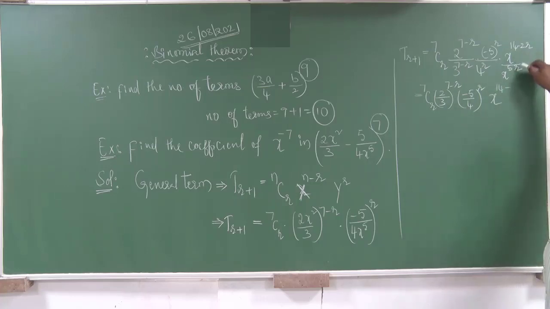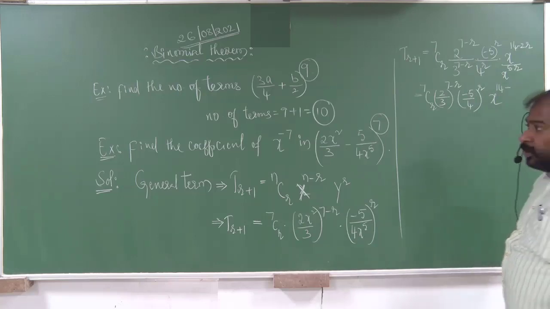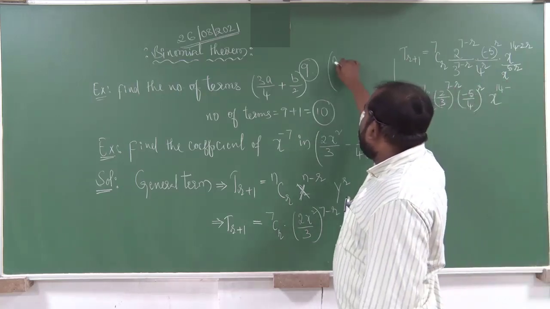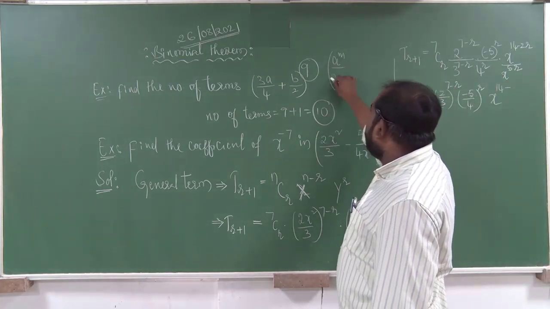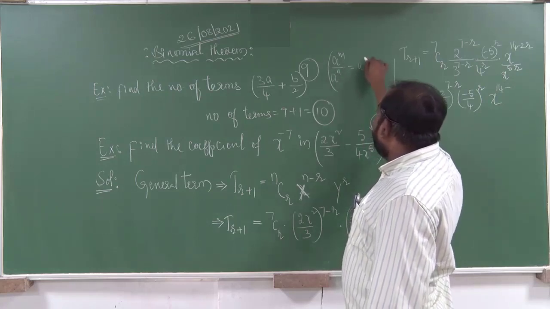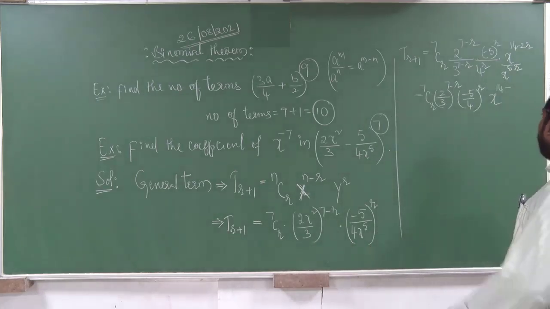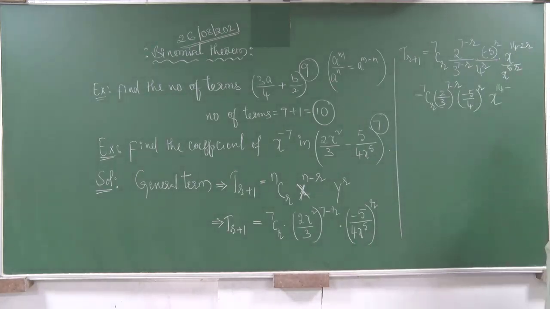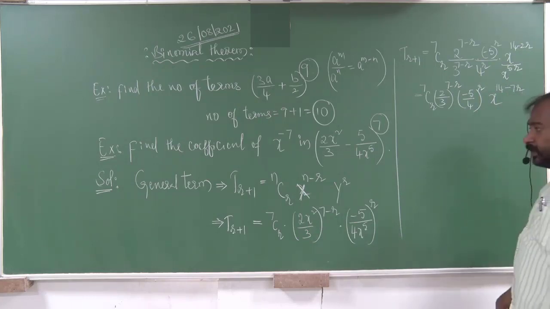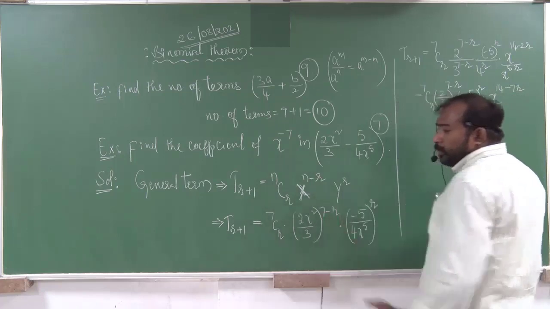a^m by a^n. What is the formula? What is the formula for a^m by a^n? a^(m-n). Basing on this formula, here I can get 14 minus 2r minus 5r, means 14 minus 7r. But here my requirement is the coefficient of x power minus 7.